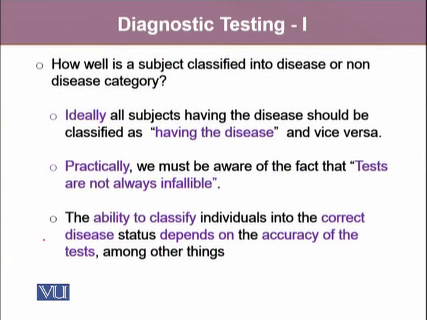Then the question comes: how well is a subject classified into the disease or non-disease category? Ideally, every person who has the disease should be tested as having the disease as an outcome of the test, whereas any person not having the disease should be diagnosed as not having the disease.